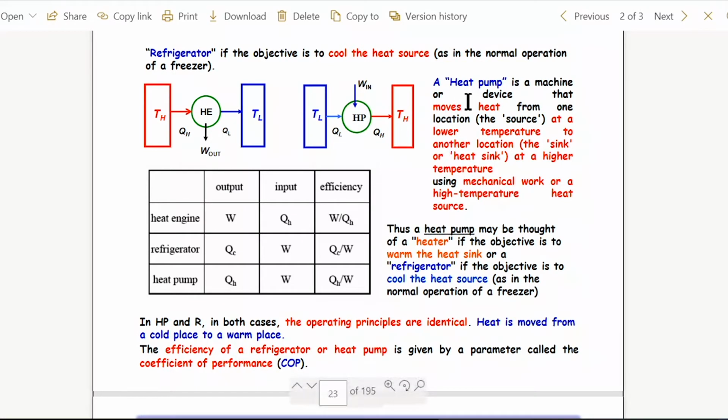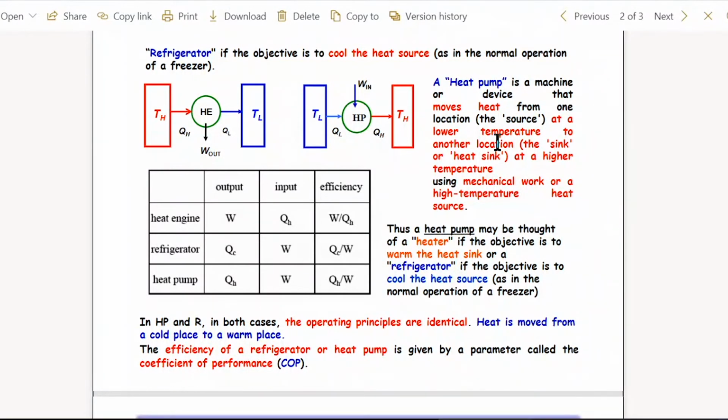A heat pump is a machine or a device that moves heat from one location, the source, at a lower temperature to another location, the sink, at a higher temperature. So we are taking some amount of heat from the lower temperature to a location which is at a higher temperature.